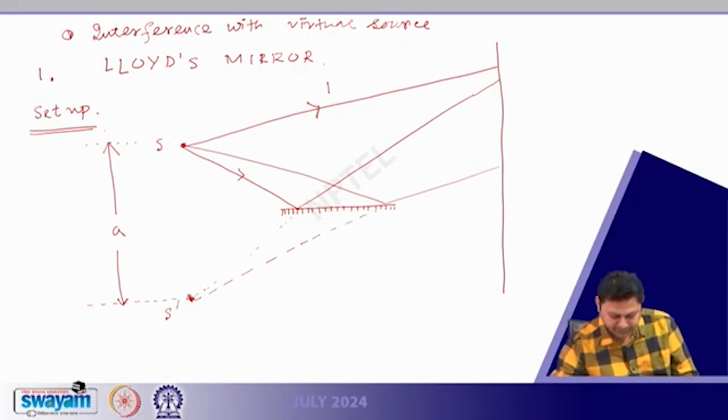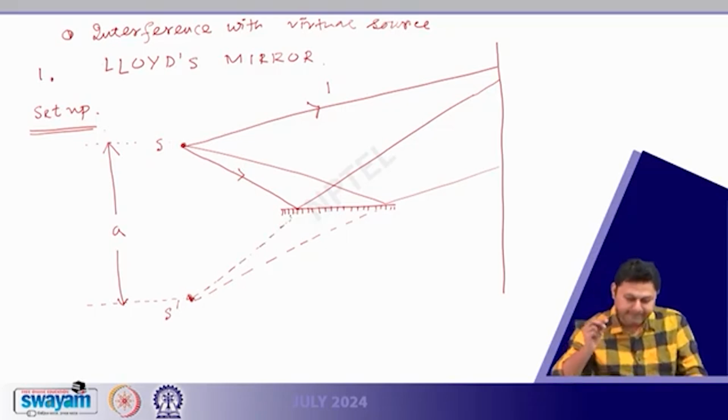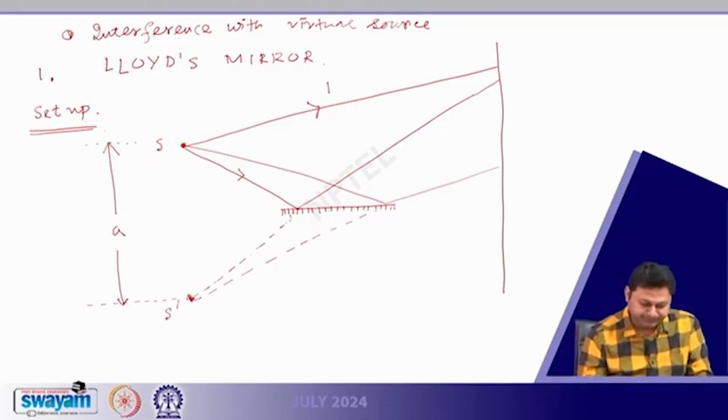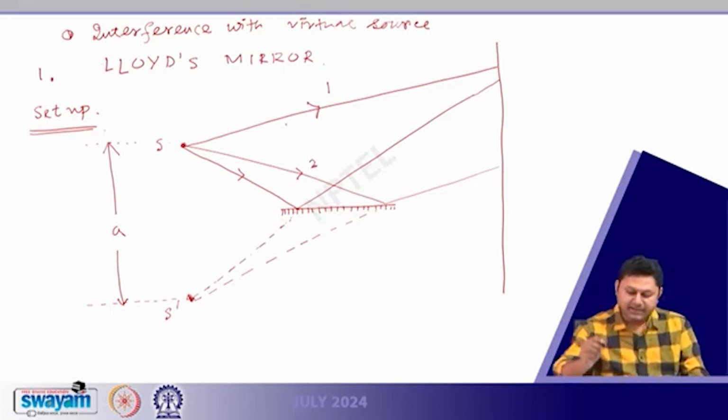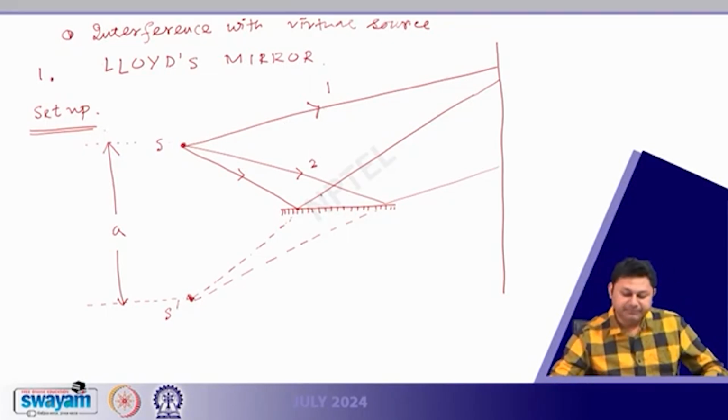So that is the setup. So this is ray 1 that is coming here, and this is ray 2 coming here. One ray is going directly and another is going like this.